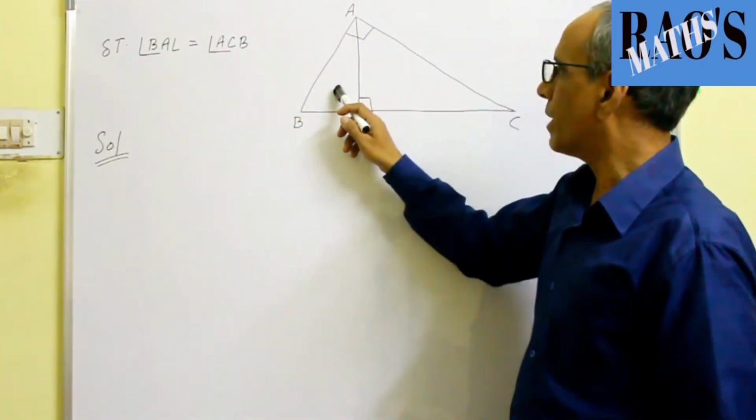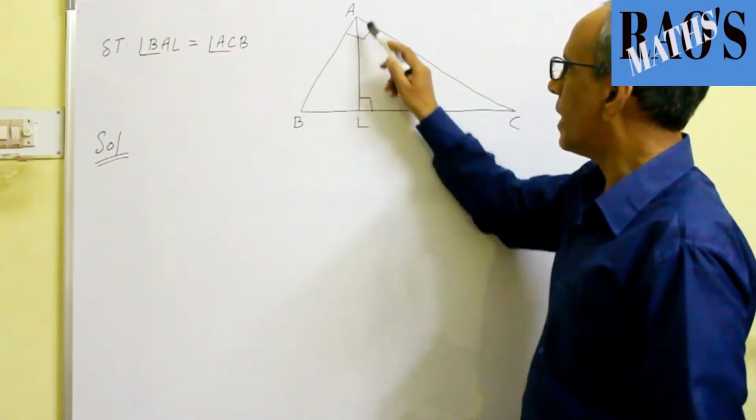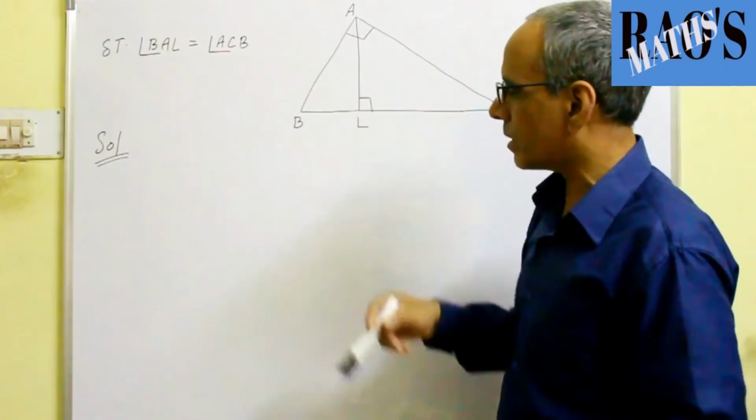First I take this triangle and the whole triangle, that is ABL and ABC, to solve this.